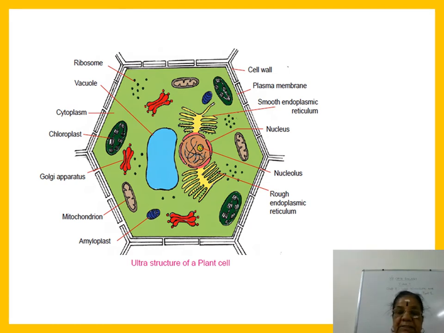And based on the presence of genetic material, they are classified as prokaryotes and eukaryotes. Prokaryotes: karyo refers to the nucleus.